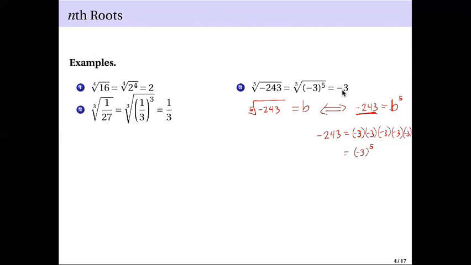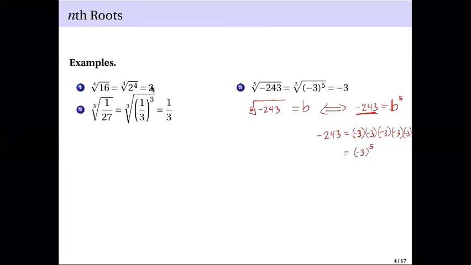Okay? So from these three examples, it looks like the index here, if it is the same with the power inside the radical sign, they just cancel each other. So we have index here equals 4, and then the power of 2 here equals 4.